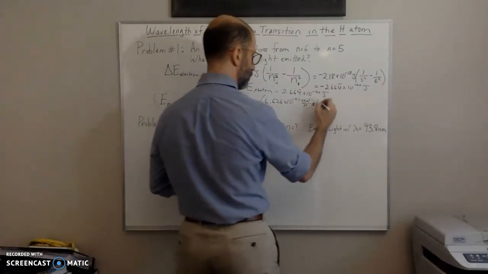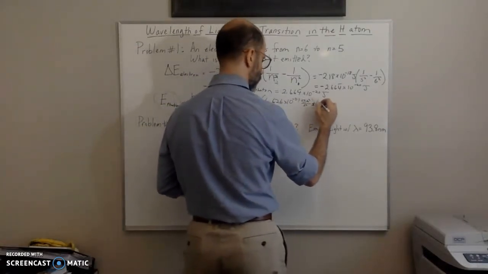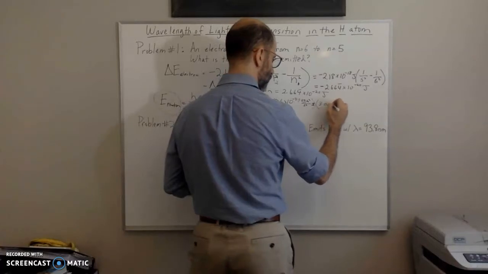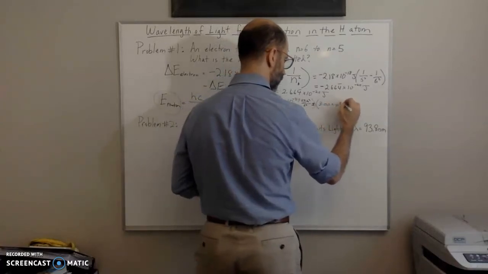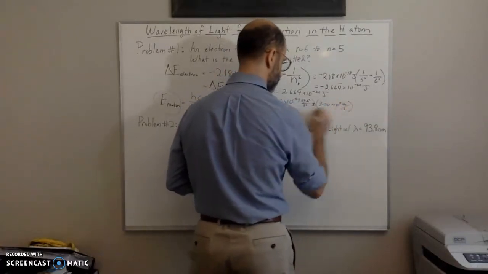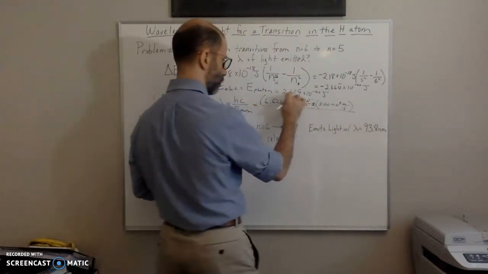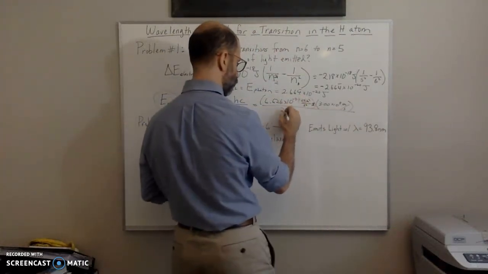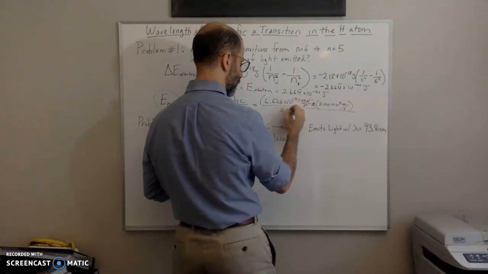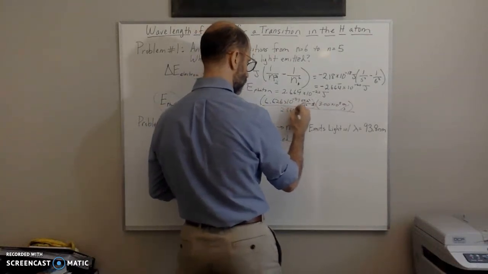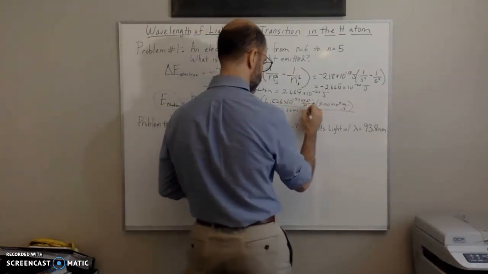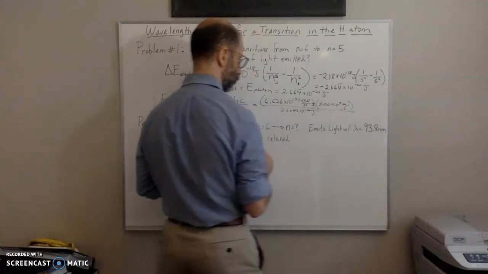The speed of light is going to be 3.00 times 10 to the 8 meters per second, divided by the energy of the photon, which is 2.664 times 10 to the negative 20 joules.